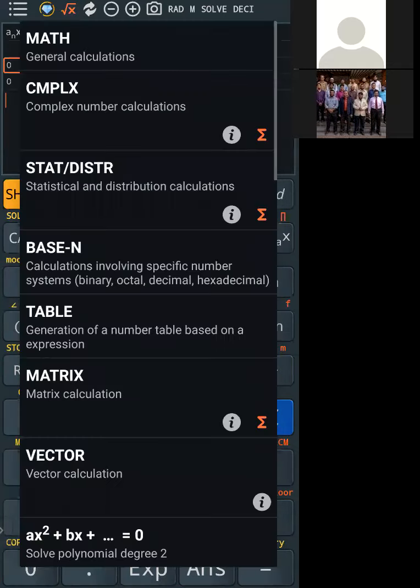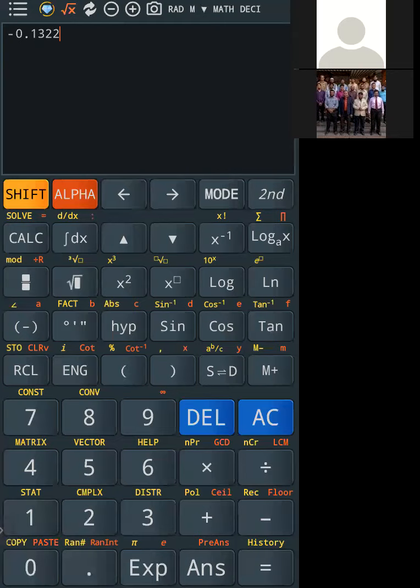Minus 0.1322 into x square minus 2x, minus 0.0073 into x cube minus 3x, plus x.